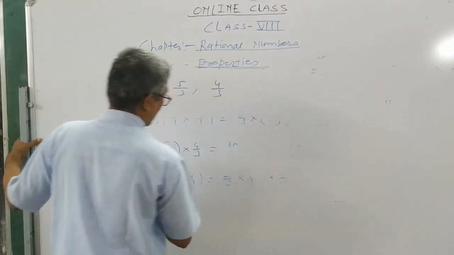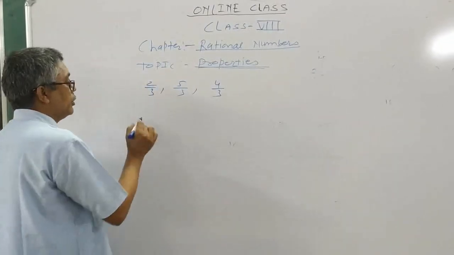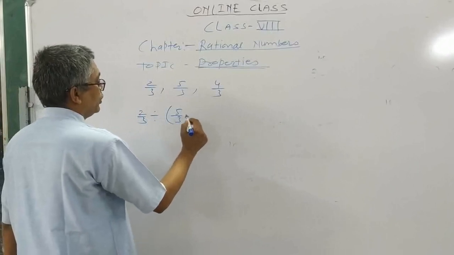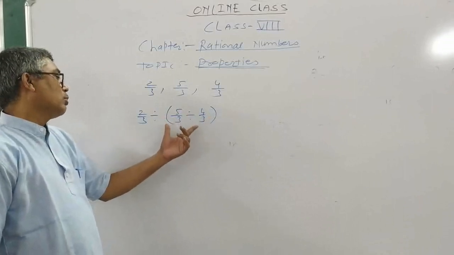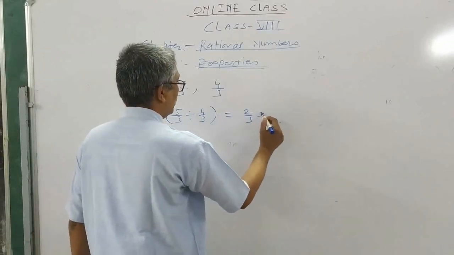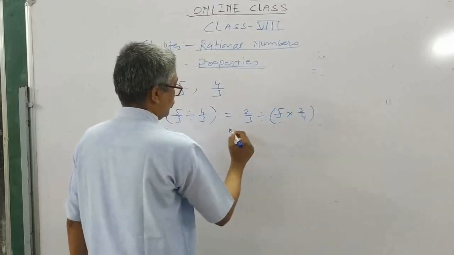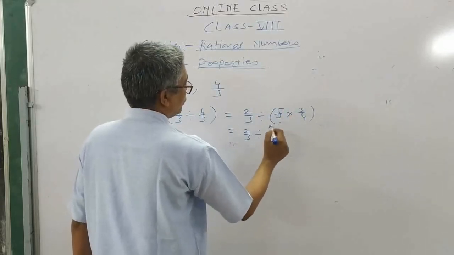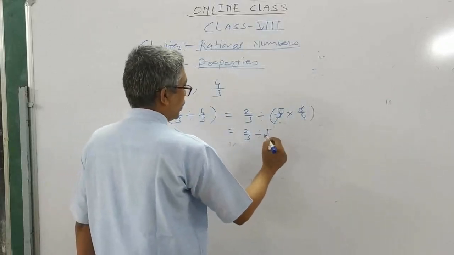ये भी हम एक बार देख लेंगे कि डिवीजन एसोसिएटिव है क्या। जैसे कि हमने तीन रैशनल नंबर लिए हैं, 2 by 3 डिवाइड करेंगे इस ब्रैकेट को 5 by 3 डिवाइडेड बाय 4 by 3। पहले तो इस ब्रैकेट का डिवीजन करेंगे, फिर जो आंसर आएगा उसे 2 by 3 से डिवाइड करेंगे। So what we get here: 2 by 3 divided by 5 by 3 into 3 by 4. 3 3s cancel, we get 5 by 4.